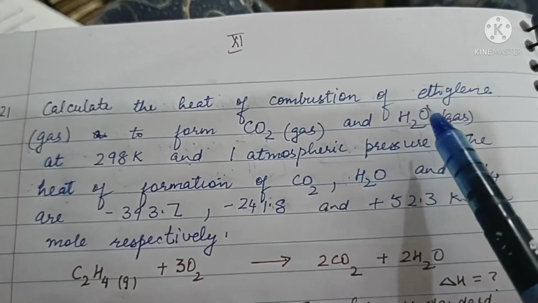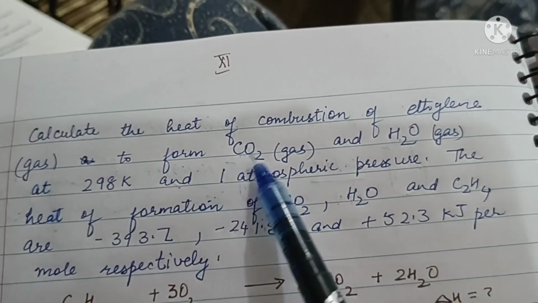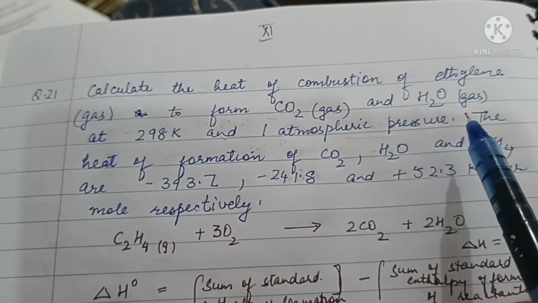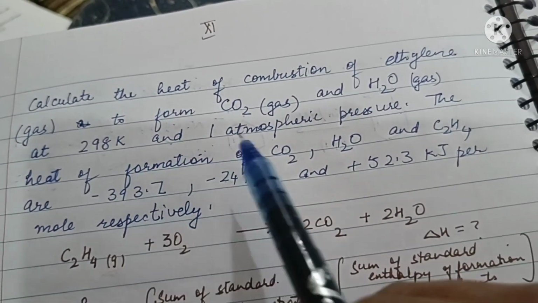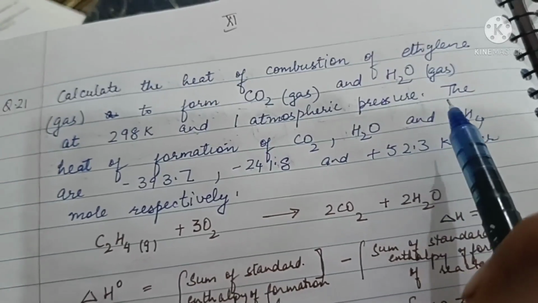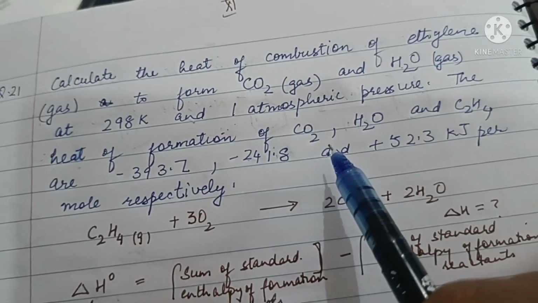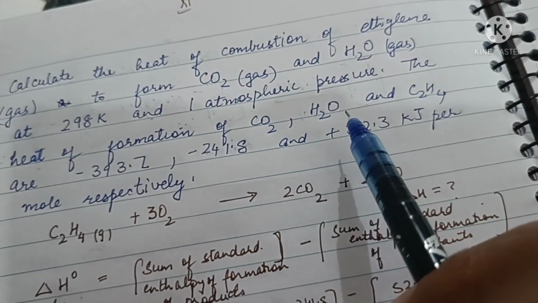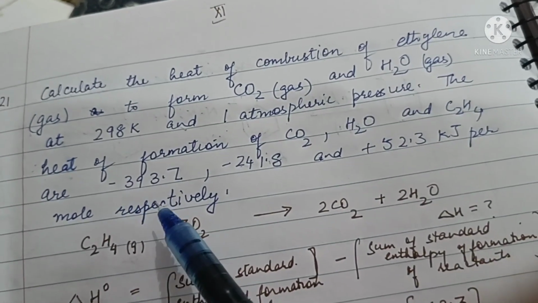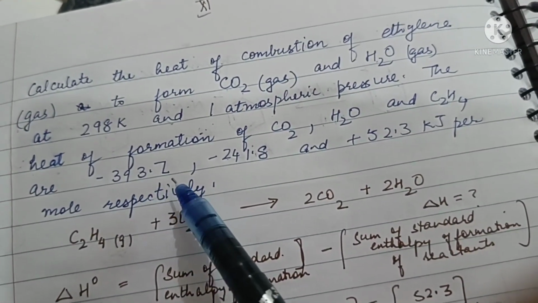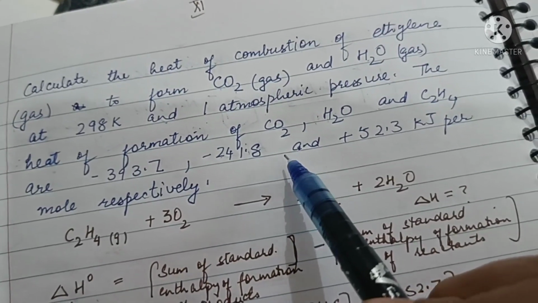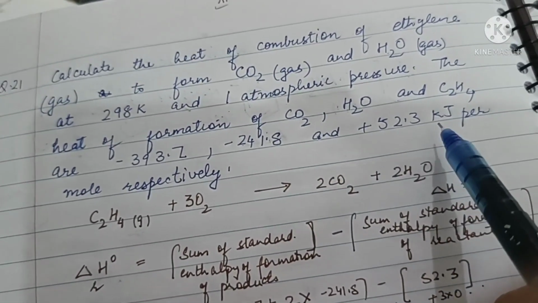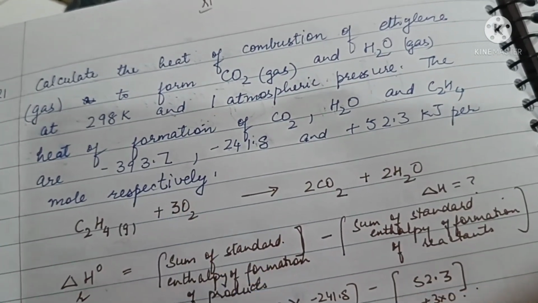Calculate the heat of combustion of ethylene gas to form carbon dioxide gas and water gas at 298 Kelvin and 1 atmospheric pressure. The heat of formation of carbon dioxide gas, water and ethylene are -393.7, -241.8 and +52.3 kilojoules per mole respectively.